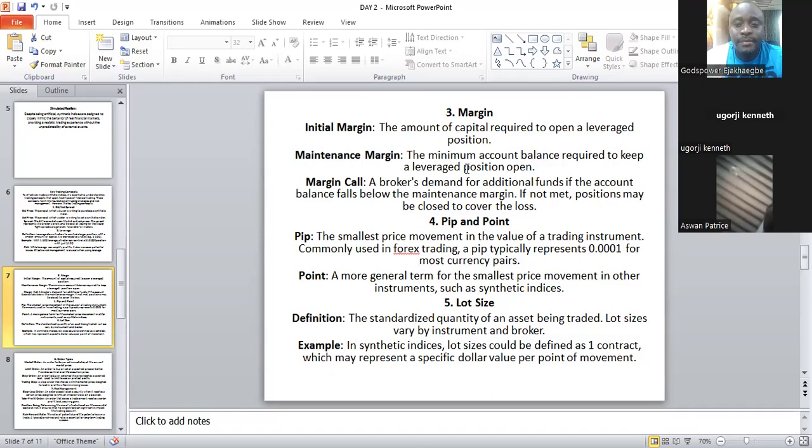Now, if we look at it closely, what a pip simply means is this. The standard formula for pips in the financial market is x over 10,000.